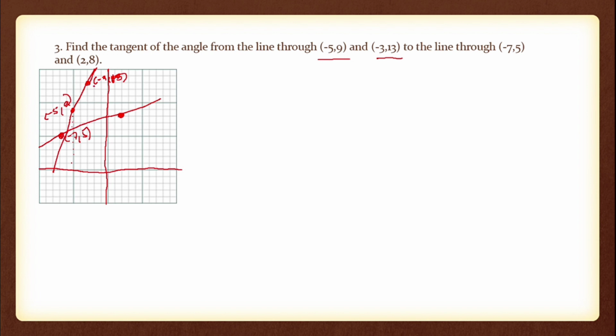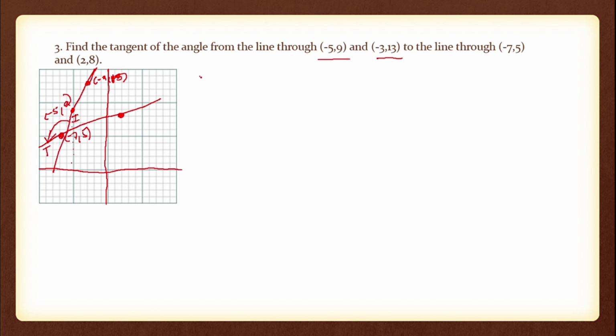So this is our tangent from the line through negative 5 and 9, from this line to this line. So this is our initial and this is our terminal.